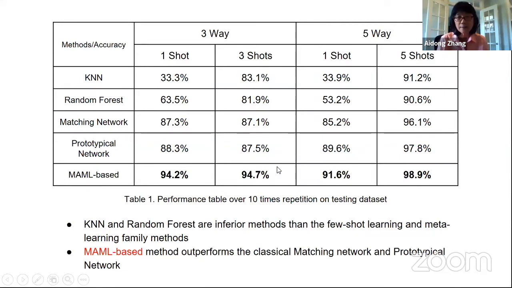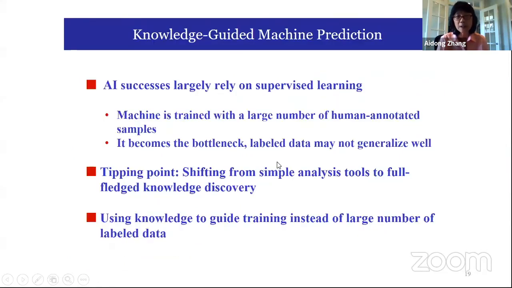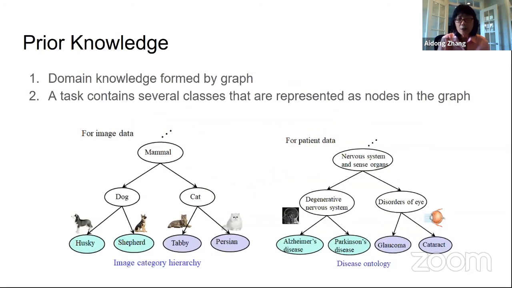So with that, we started to further look at how prior knowledge can be used for the prediction. We want to examine different kinds of knowledge. So we look at the prior knowledge in the bioinformatics domain.